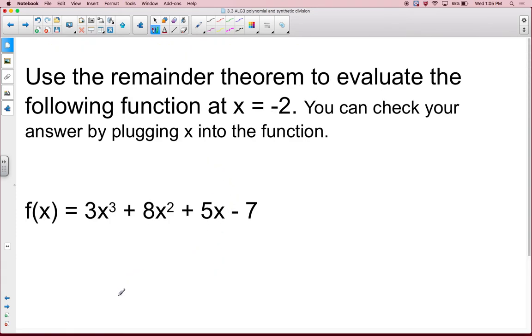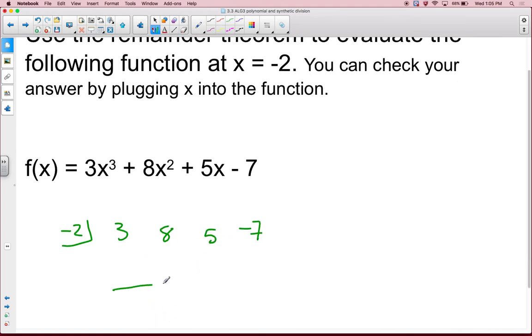Okay, so we're going to use the remainder theorem to solve this. We make sure no terms are missing. They're not. So we solve. We're going to use -2 here in the little box. We write our coefficients in. Okay, we solve it the same way.